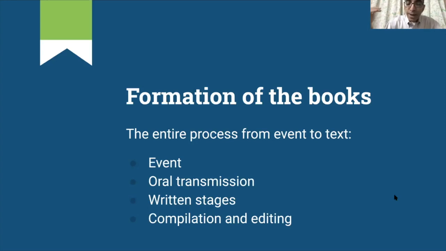So the event takes place, then there's an oral transmission, and there are written stages. You notice I put plural there, written stages, and what was originally written maybe copied by others, and maybe things were added or corrections were made. And then finally there's a compilation and editing.